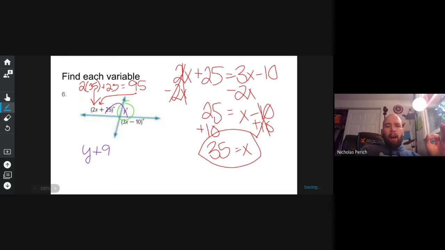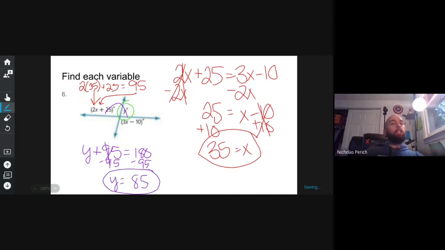So I could say Y and 95 add up to be 180. So what's Y going to be? 85. 85. Good. Because if I subtracted 95 from both sides, we get 85. Did I find each variable? I sure did.